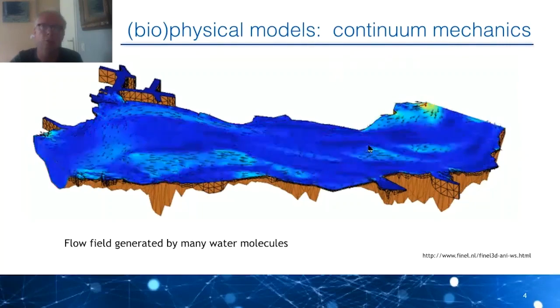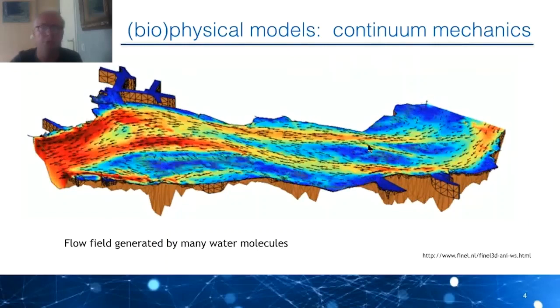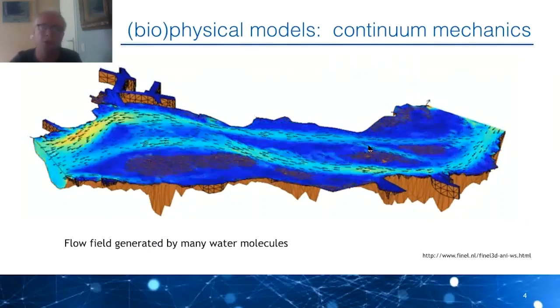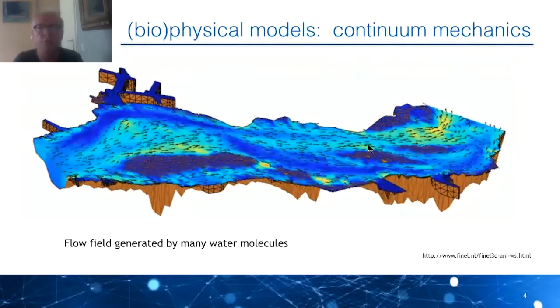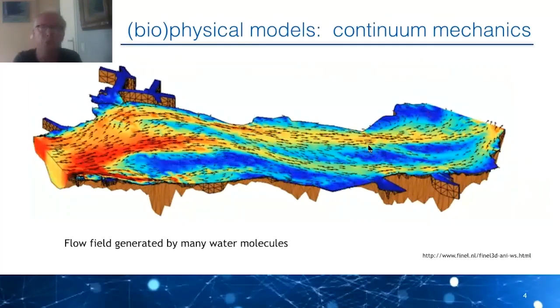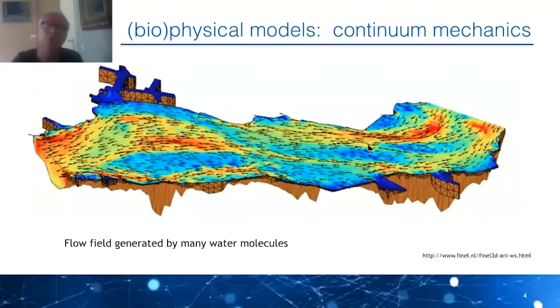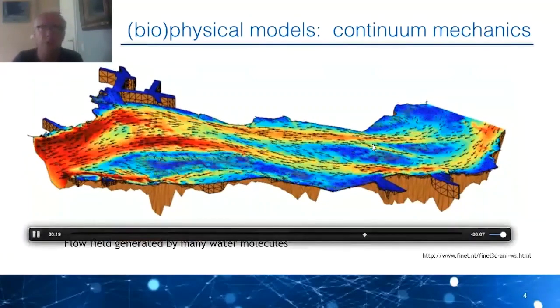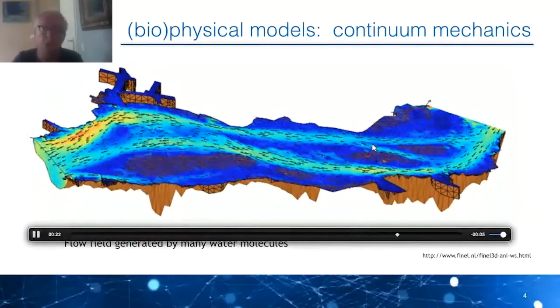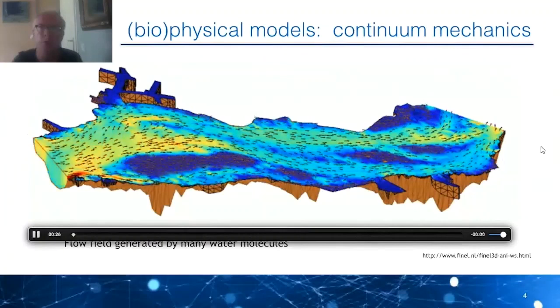And you can even look in time, so it will give you the current of water molecules. But compared to the quantum mechanical description, you lose all the molecular information. You lose the electronic information, the electrons, but you also lose the molecular information. So you just see the result of very many water molecules flowing.